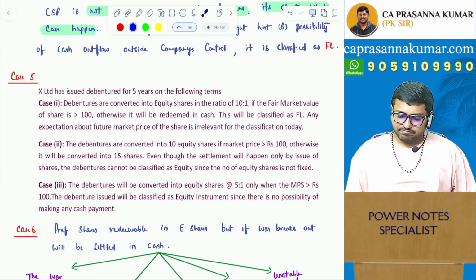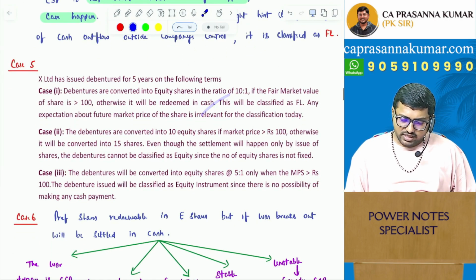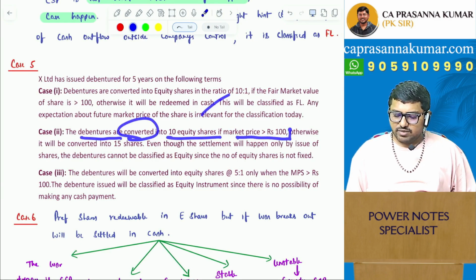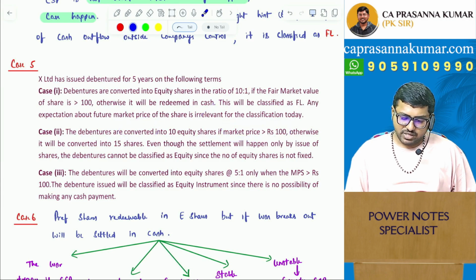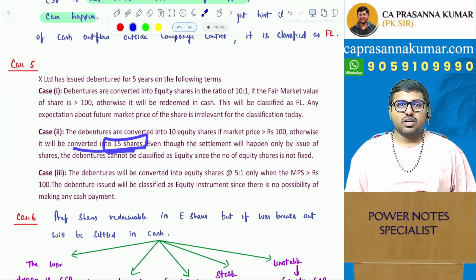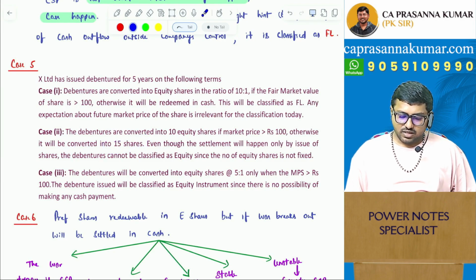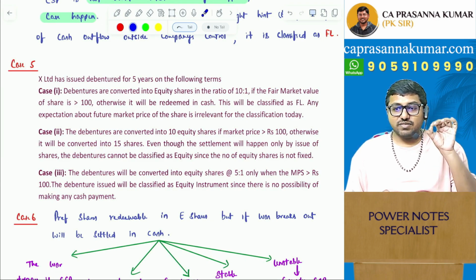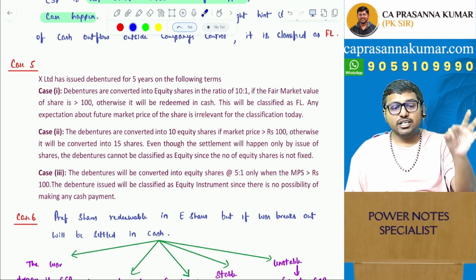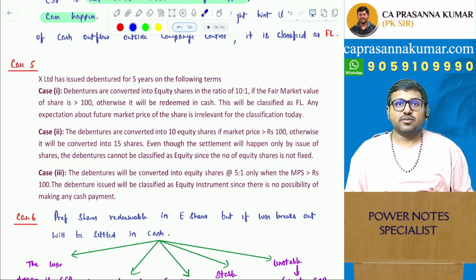Got it? Done. Next. The debentures are converted into 10 equity shares if the market price is greater than 100. Otherwise, it will be converted into 15 shares. Now, you tell me what you will do here. Shares only, right? Can I classify as equity? No. You can classify it as equity provided it satisfies the fixed to fixed test.